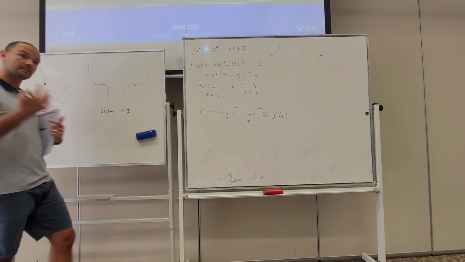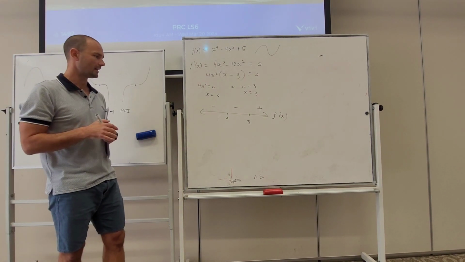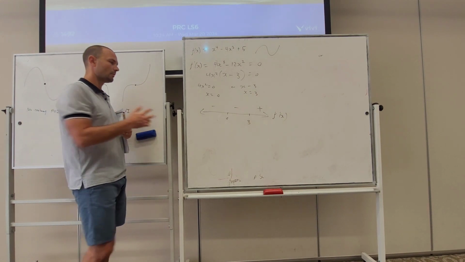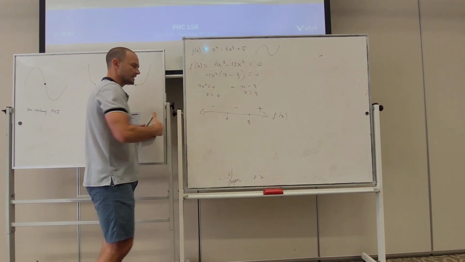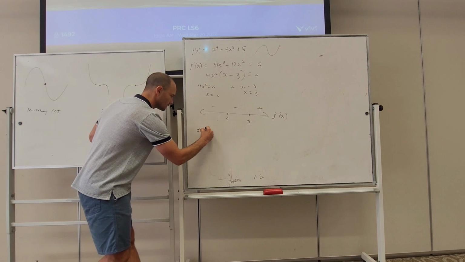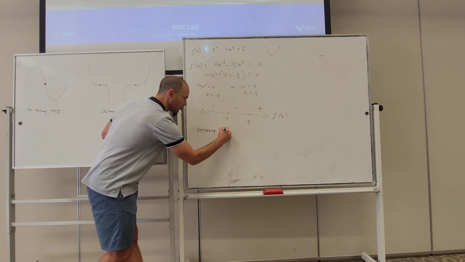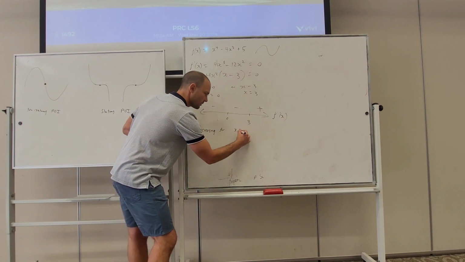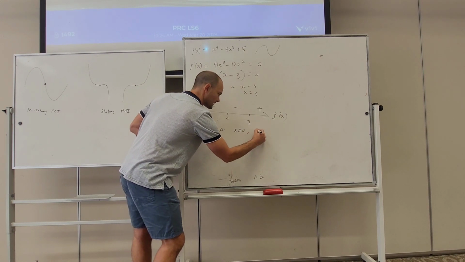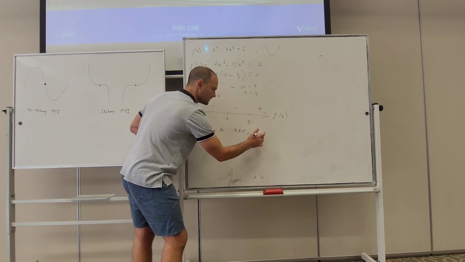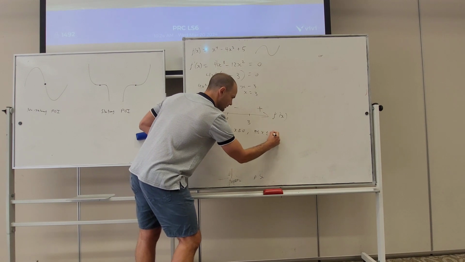Okay, so let's answer what we know about increasing and decreasing. What we would say about this function is it's decreasing for x less than 0, and then 0 less than x less than 3.